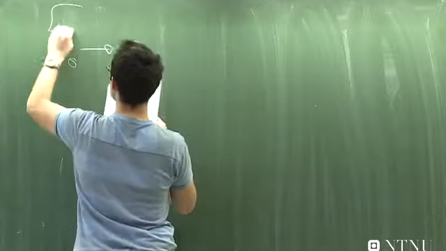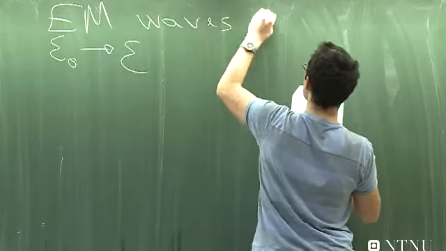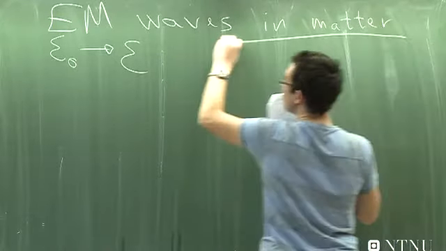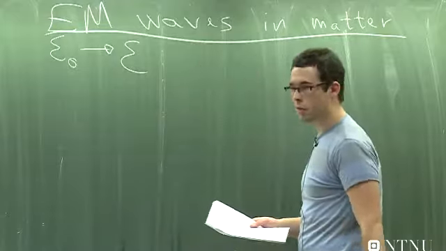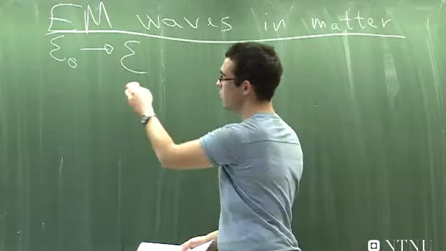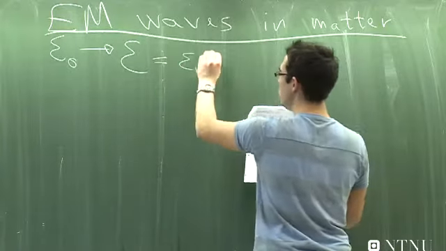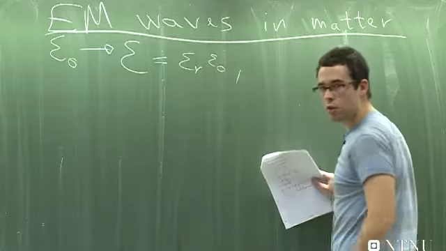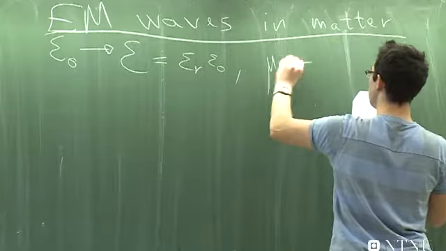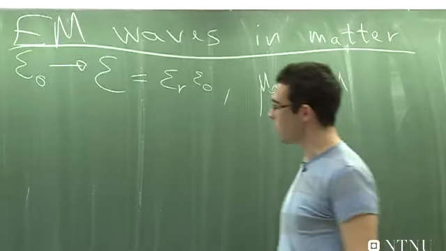The title is Electromagnetic Waves in Matter. Just the simplest case of matter, so to speak. If we let epsilon 0 go to epsilon, or epsilon r epsilon 0, and similarly for the magnetic permeability, mu 0 goes to mu, then the wave velocity becomes the following.